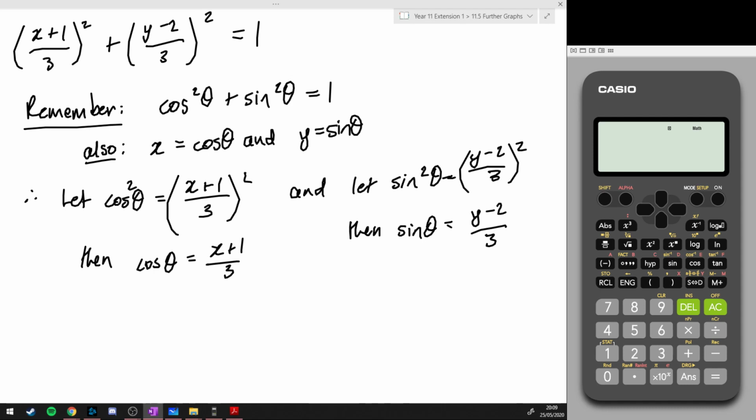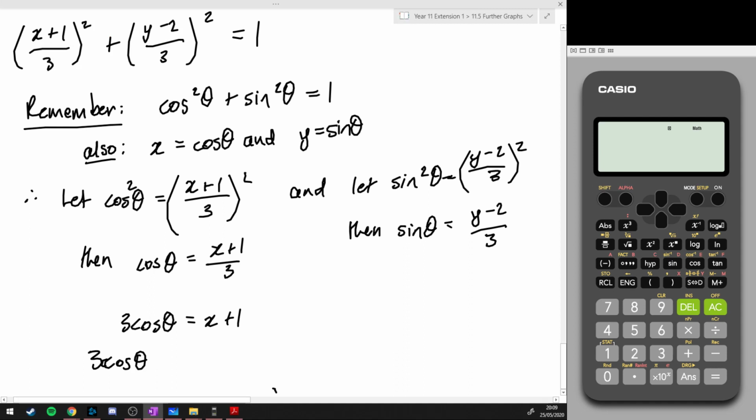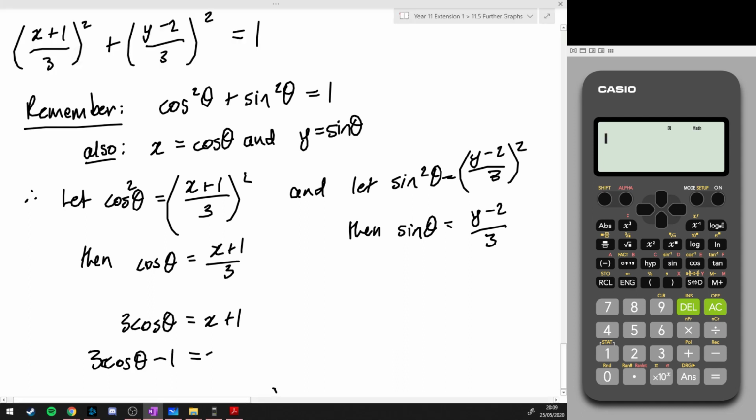What we're going to do now is rearrange these to get x and y by themselves, and then we're done. For the left-hand side, we get 3 cos theta is equal to x plus 1, so 3 cos theta minus 1 is equal to x.